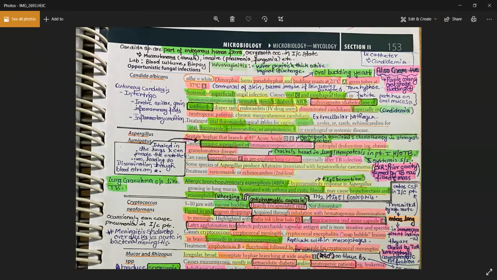For the oral treatment of vulvovaginitis, you always give oral fluconazole, because oral nystatin is very toxic to your body. It has very high toxicity, and that's why you cannot give it orally or systemically. And amphotericin B for any systemic dissemination like candidemia. Whenever a question describes a case of candidemia, you will always give the patient amphotericin B.